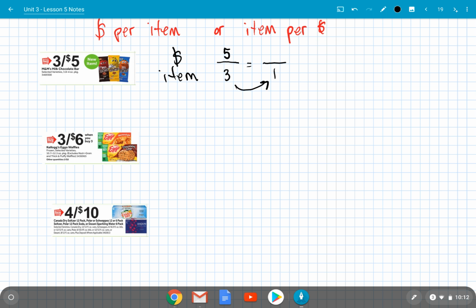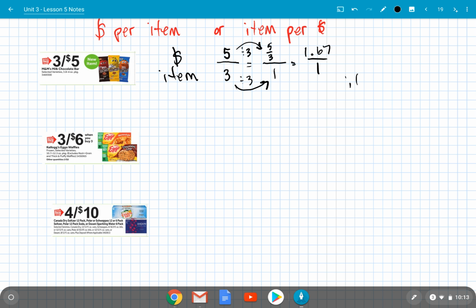Well, if I divide by 3 and divide by 3, 5 divided by 3 is 5/3, but we really can't do that as a fraction that's going to give us money, so I'll just use a calculator. 5 divided by 3 is going to get me 1.66666666667. So it's about $1.67 for every 1 bag of M&Ms.